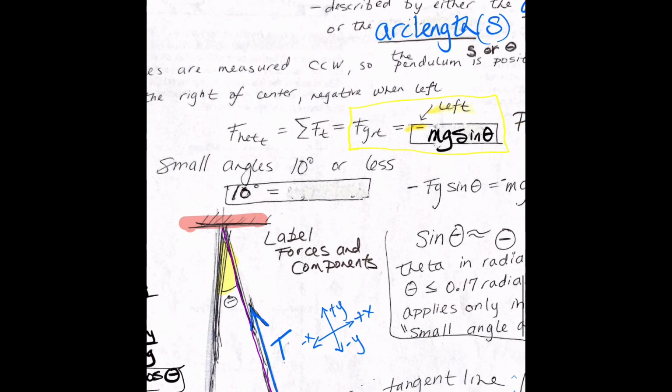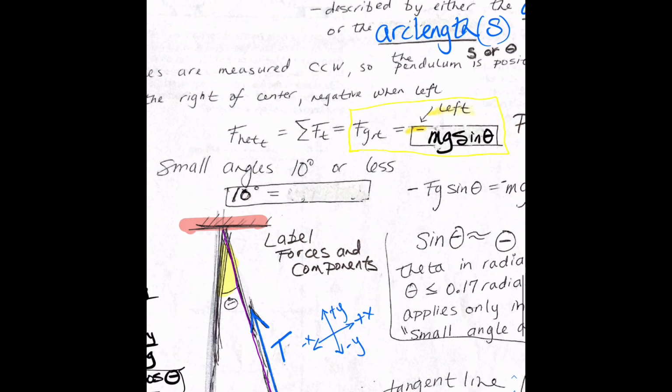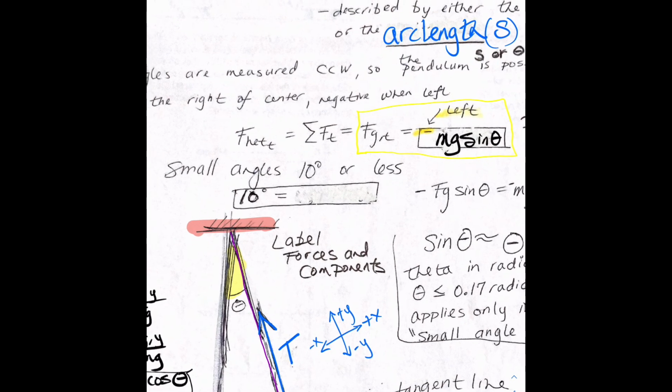Now, an interesting thing happens when you take the sine in radians for angles of 10 degrees or less. 10 degrees, just in case you're wondering, is about 0.17 radians.